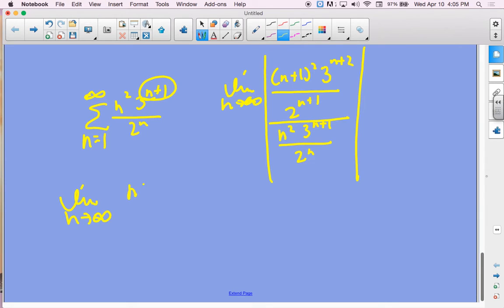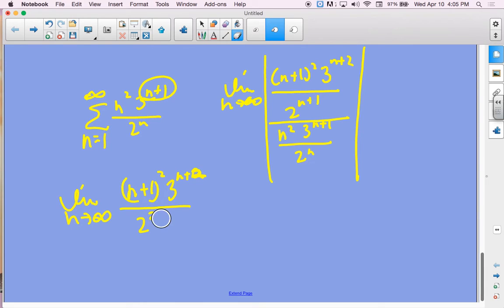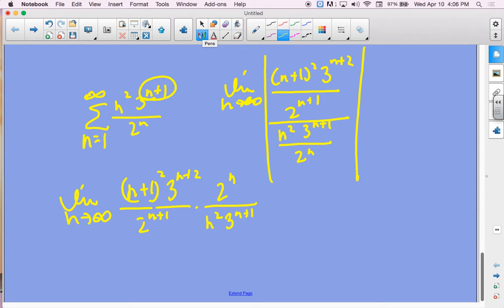And you have n plus 1 squared times 3 to the n plus 2 over 2 to the n plus 1 times the reciprocal, 2 to the n over n squared 3 to the n plus 1.